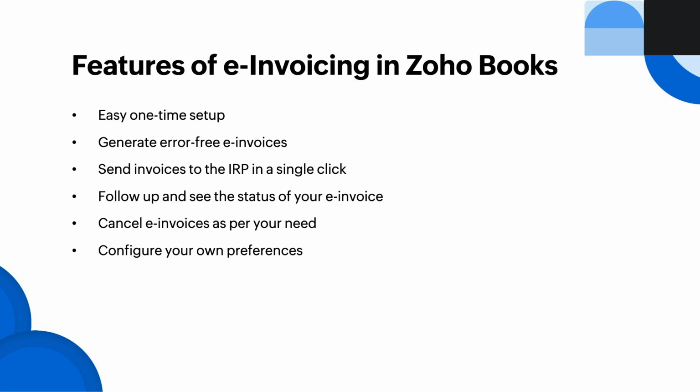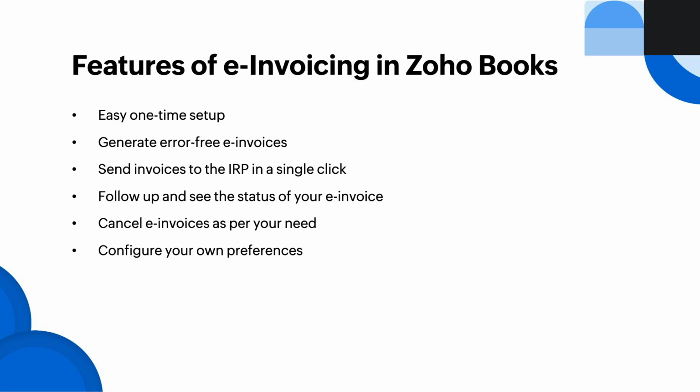Zoho Books will help you generate error-free invoices, because before you even push it to the portal, we will show up messages where you will be able to correct your errors, which we will be seeing in the upcoming slides. Next, you can send the invoices with a single click of a button. After generating the invoices, you can even see the status of your e-invoice.